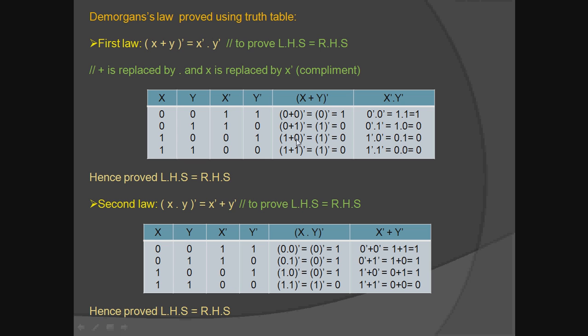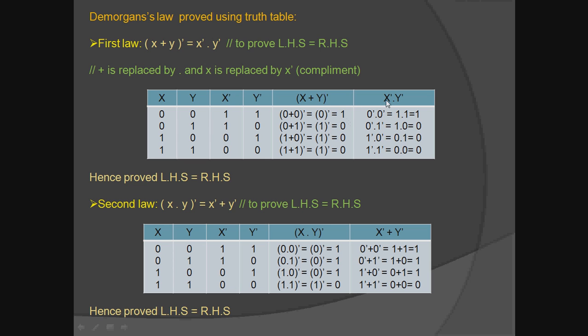Then 1 plus 0, that is x plus y, becomes 1, so the complement is 0. And then 1 plus 1 is 1, and the negation of 1 is 0, right? So on the left hand side we get the values 1 0 0 0.